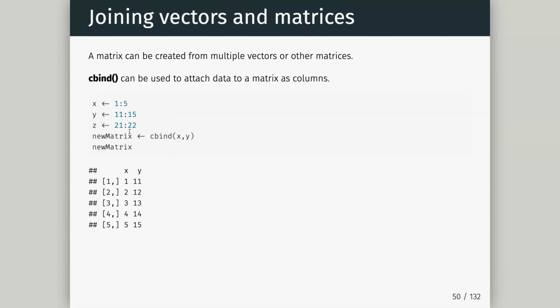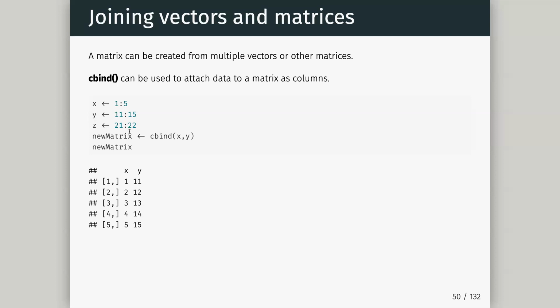We have 1 to 5, 11 to 15, and 21 to 22. So this will be 5 long, this will be 5 long, and this 2 long. If I want to create a matrix from these 2 vectors, we can just do cbind x and y. It's going to take these 2 vectors and create a matrix for us out of them.